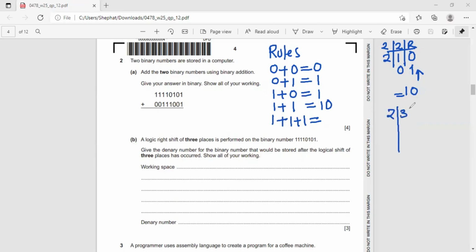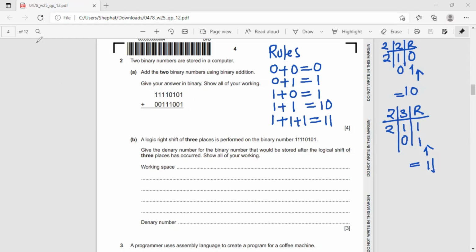So we have 3 here, the remainder there, and then we do the division. 2 into 3 is 1, remainder 1. 2 into 1 is 0, remainder 1. So in binary, this one is 1, 1, because we read like that. So now we're using these rules that we have established here. We can now do the addition.